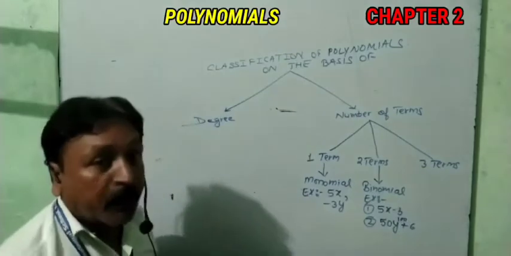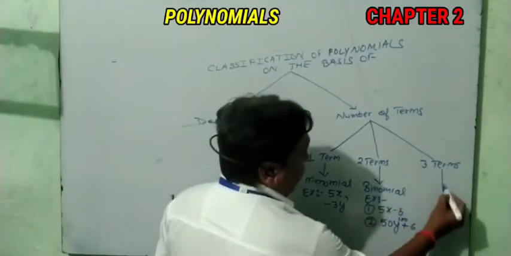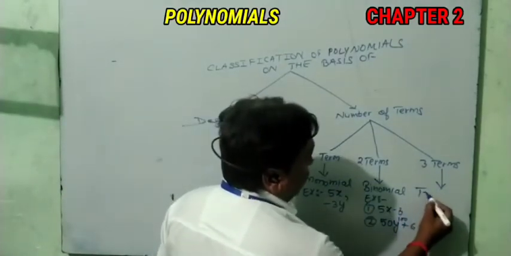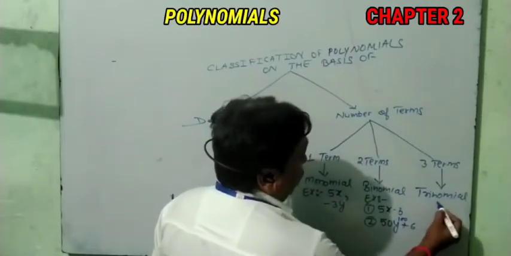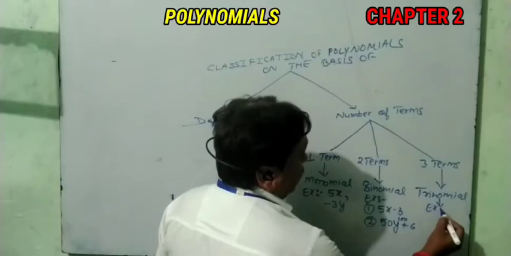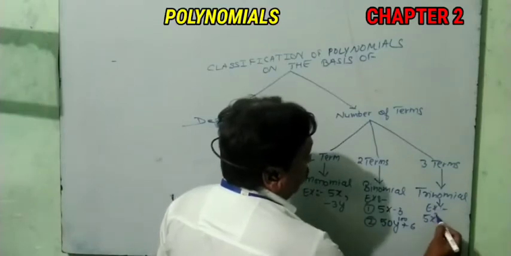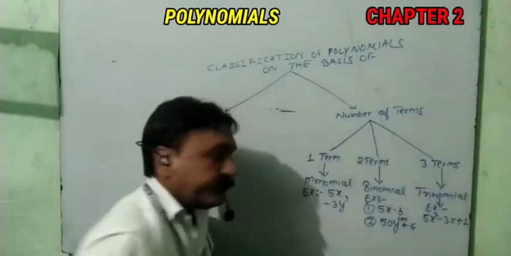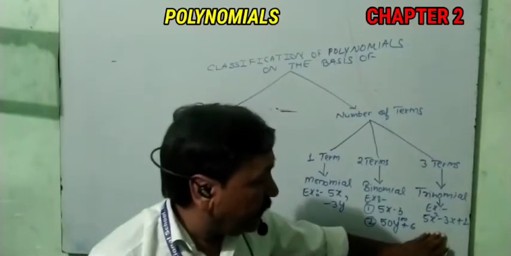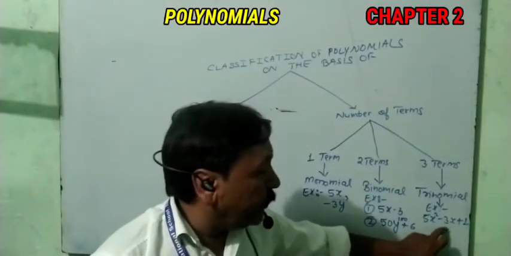And if I talk about three terms, then it is said trinomial, having the three terms. We can take an example just like 5x square minus 3x plus 1, suppose. This is just one example. How many terms is it having? 1, 2, 3.